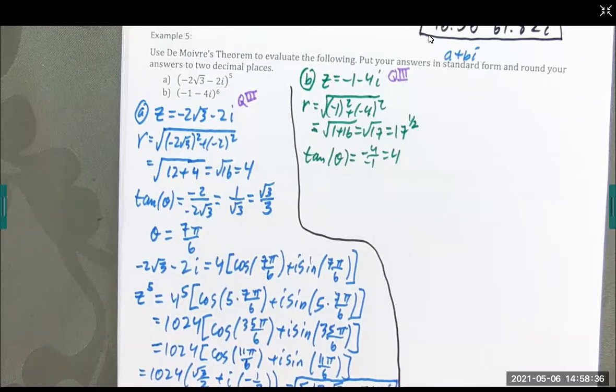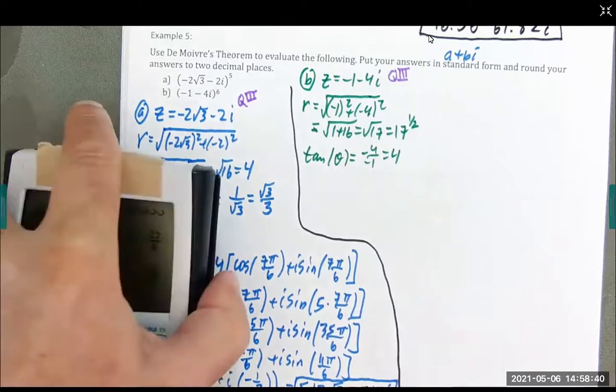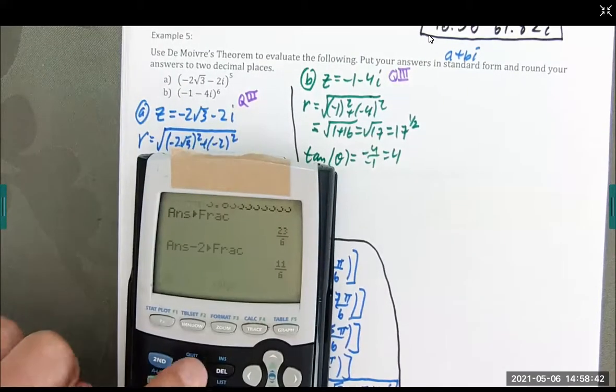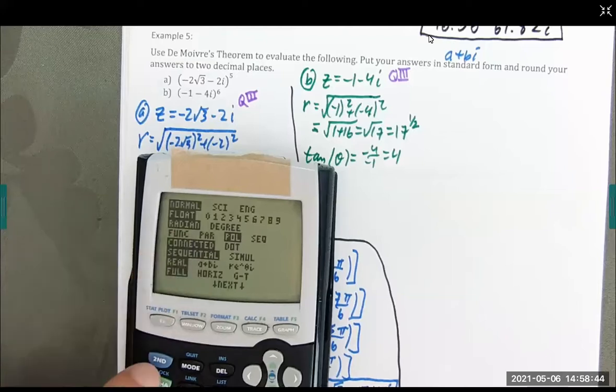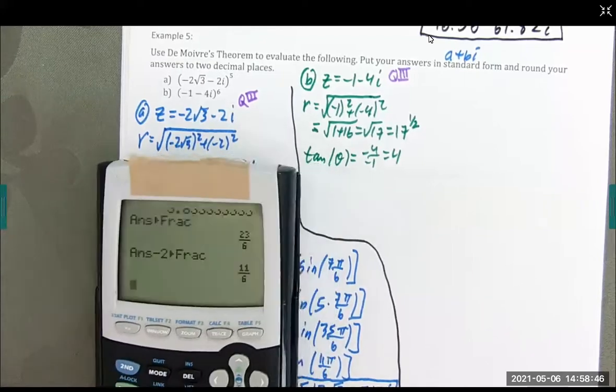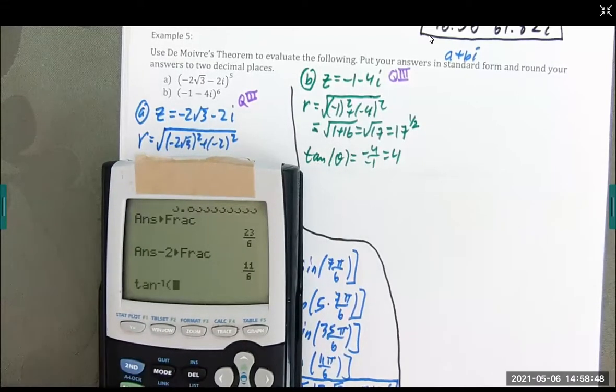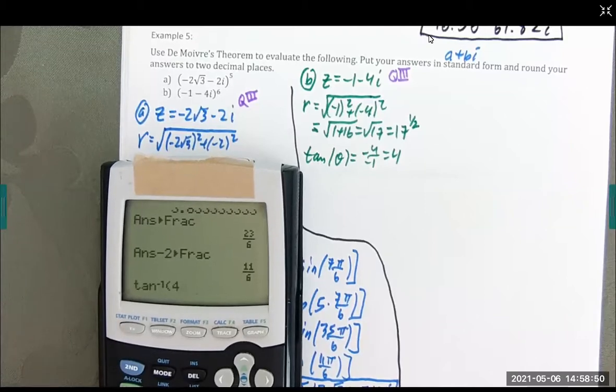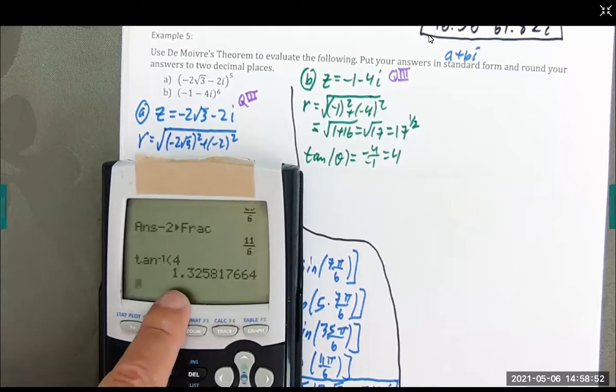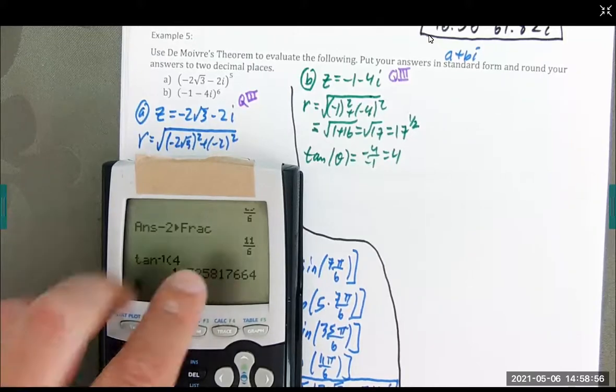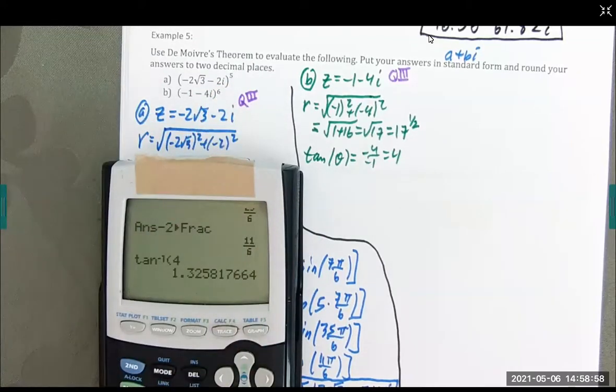So I'm going to have to add pi to that. So once again, make sure I'm in radian mode, which I am. And now I'm going to do inverse tangent of 4. Now this is going to be quadrant 1. We can see that. It's between 0 and pi over 2. I need quadrant 3. So I'm going to add pi to that.